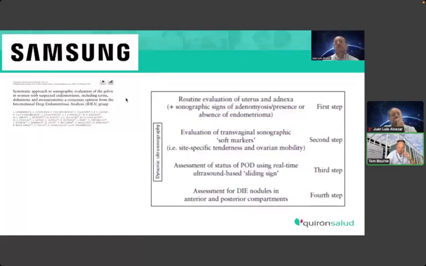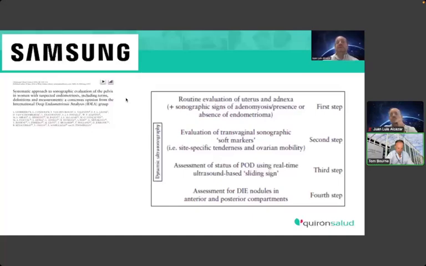Probably the most relevant figure of this consensus is this slide. These 4 steps have to be performed in a sequential way, not excluding one another.